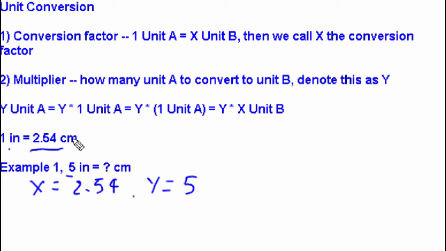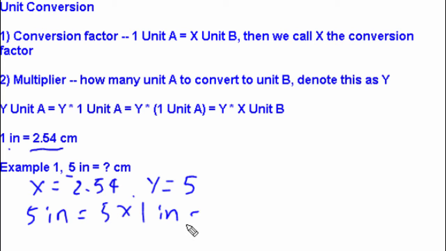Tying it back to the formula we have up here, 5 inches is equal to 5 times 1 inch, again because 5 inches is basically 5 times 1 inch.